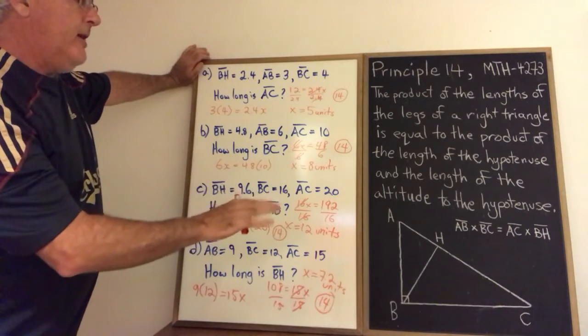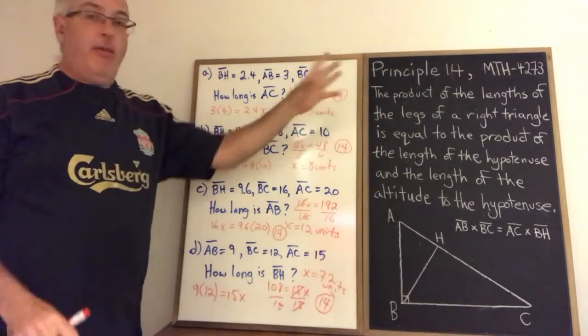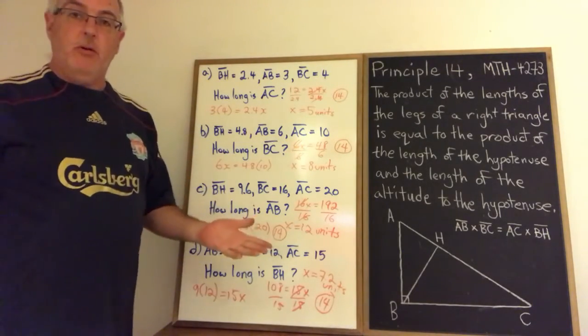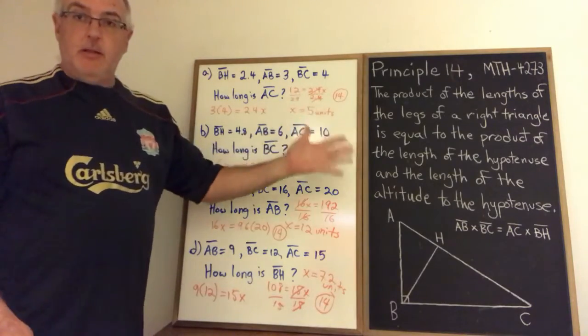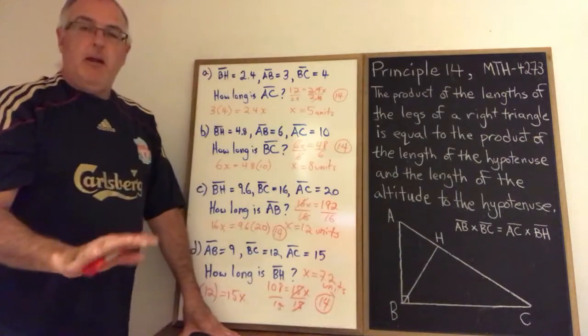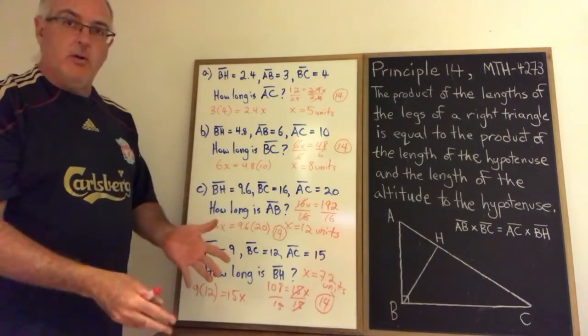A good thing to point out here is the fact that if you're not learning Math 4273, if you're in a different curriculum in a different part of the world, you may have a list of principles and theorems, but your number 14 might not be this one. So you have to be careful, and you have to use the list of theorems and principles that comes with your course.